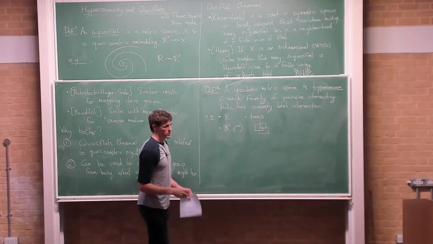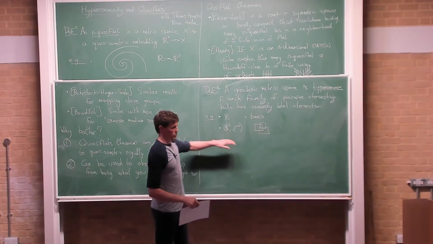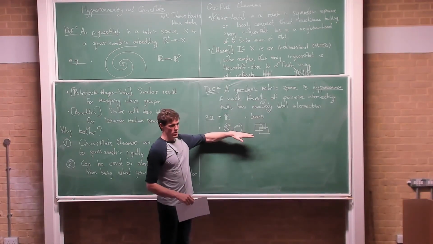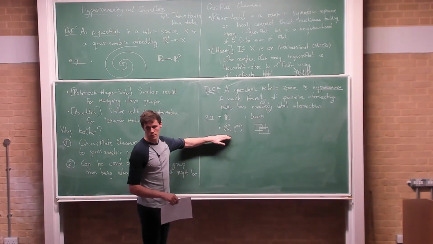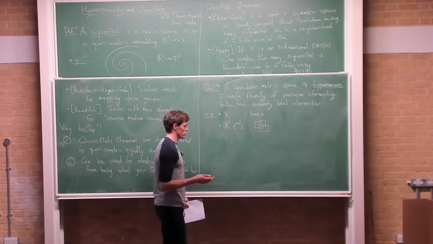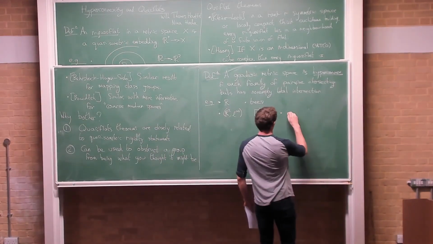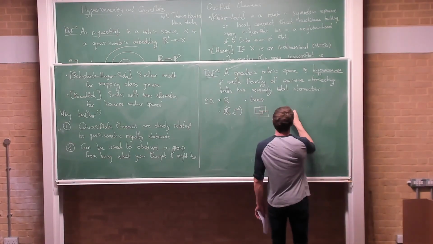The way you see that is you project to the factors. The fact that I'm using the maximum norm means you just do it one coordinate at a time. And that tells you that this thing's hyperconvex. And so that logic tells you that more generally, products of hyperconvex spaces with the L infinity metric are hyperconvex.